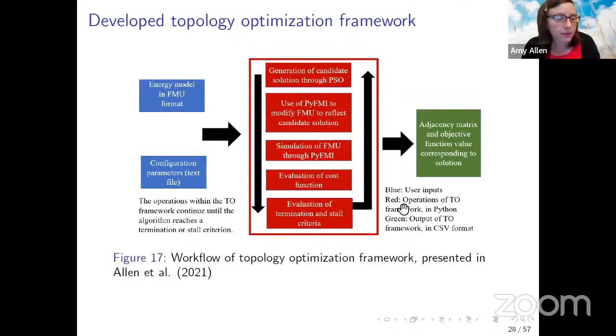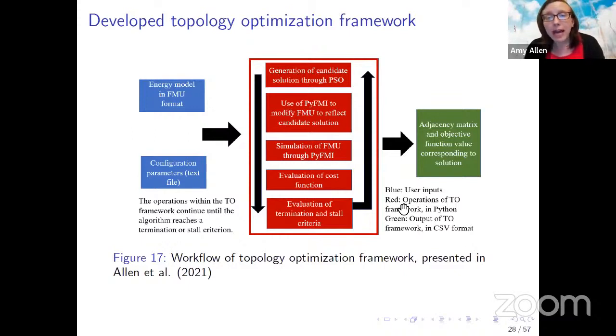This diagram shows the workflow of the network topology optimization framework. It takes in as inputs from the user an energy model in functional mock-up unit format to evaluate the energy consumption element of the cost function, and some high-level configuration parameters.